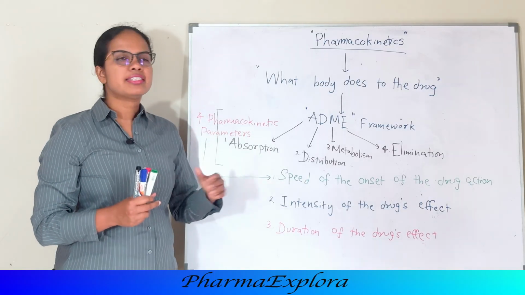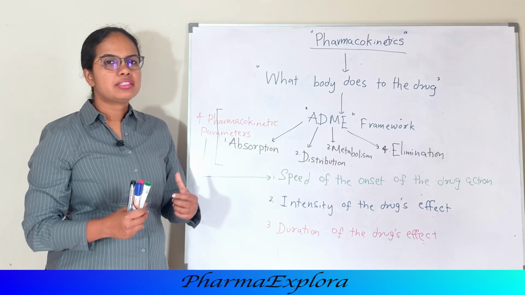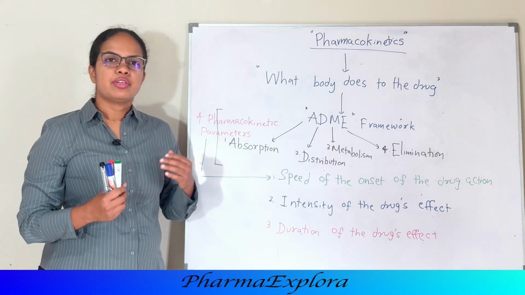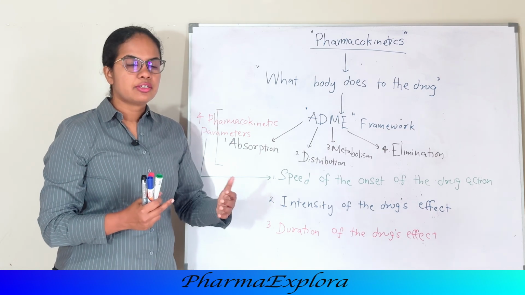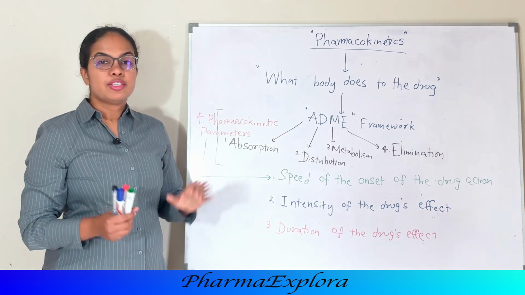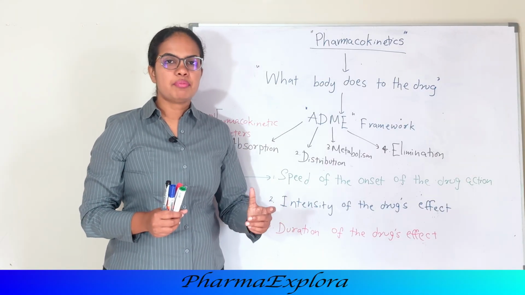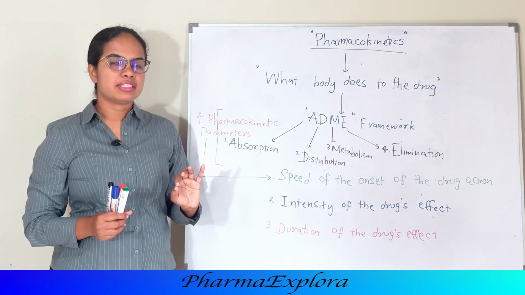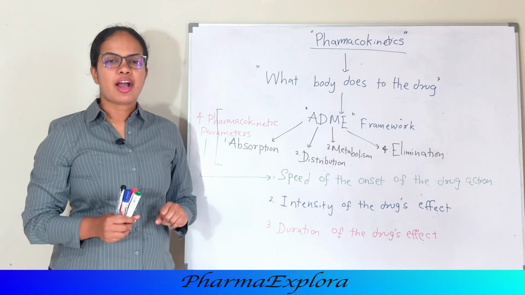Intensity of the drug effect we define as how strong your drug's effect is, and the duration of the drug's effect we define as how long your drug's action will last before you take another pill. So now we are going to take a simple example and discuss how these four pharmacokinetic parameters are going to determine these three important outcomes.